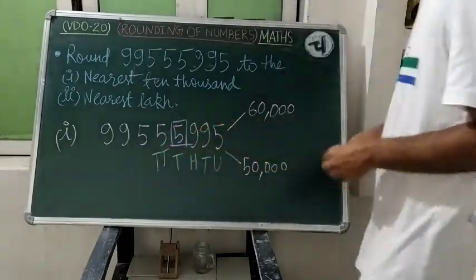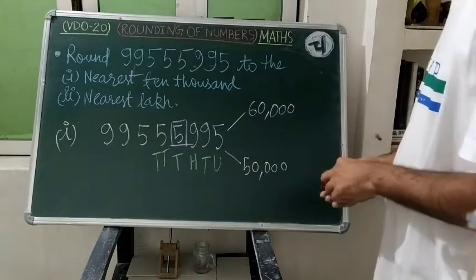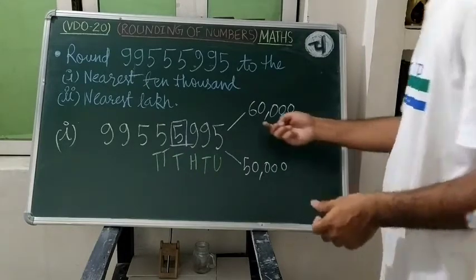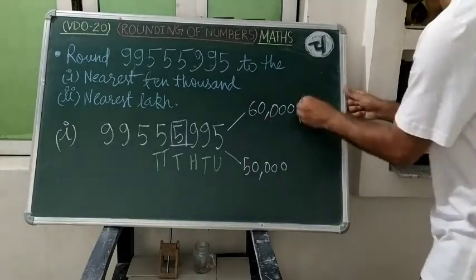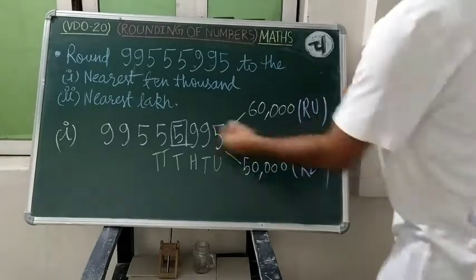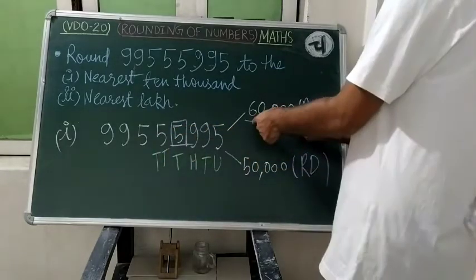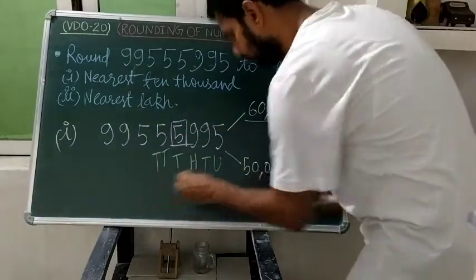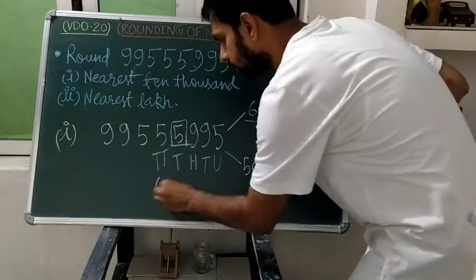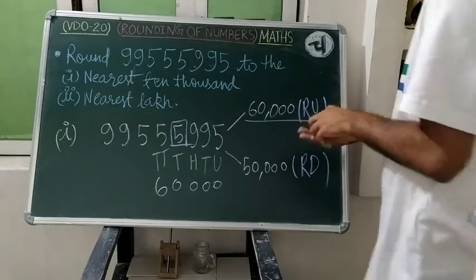At the right side of that place 5 is present, and for 5 what do we do? We round up. So for 5 we will round up. So at this place we will write 60,000.